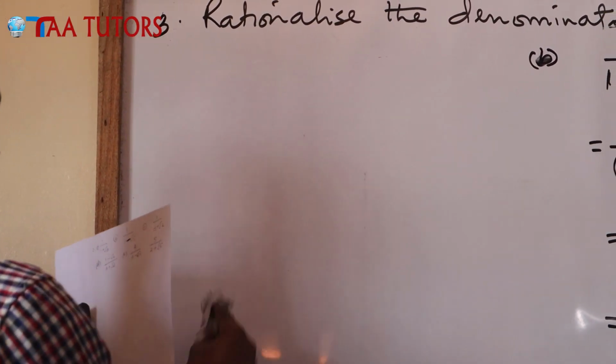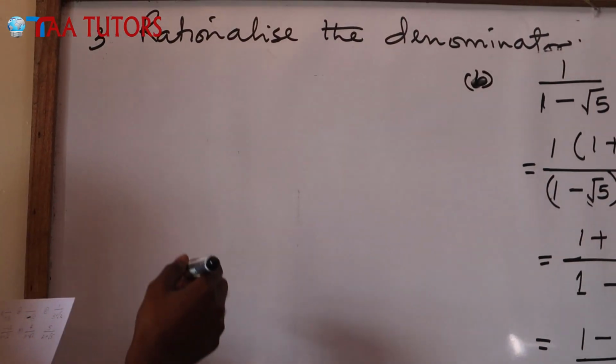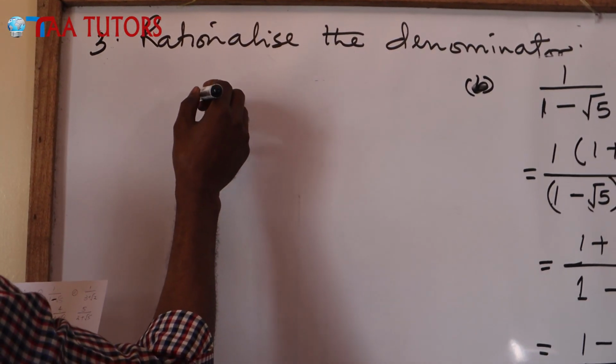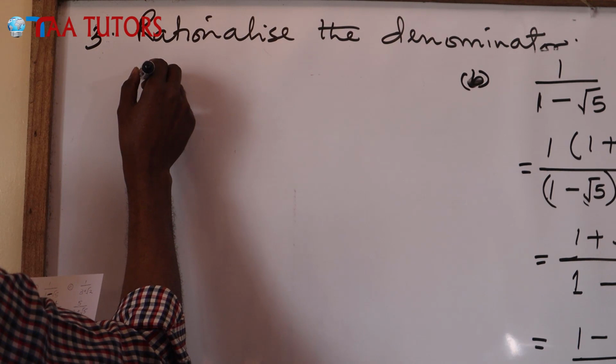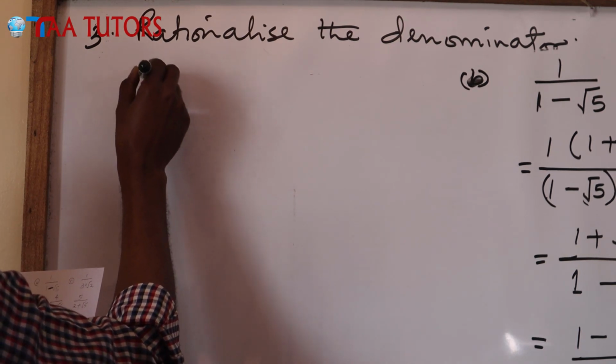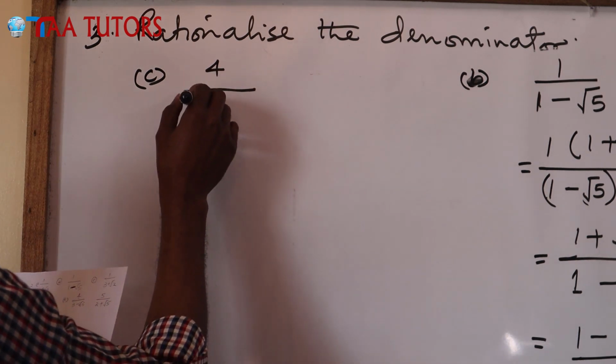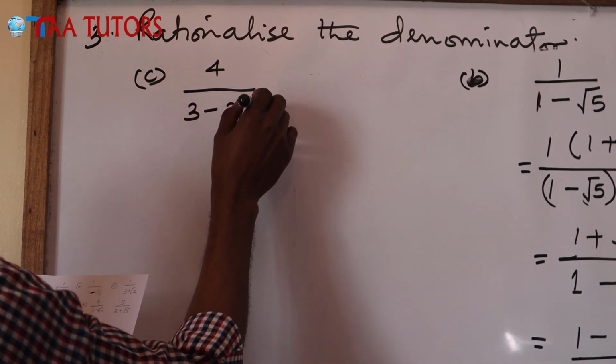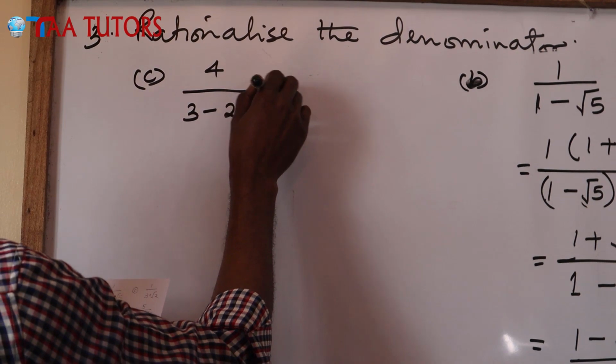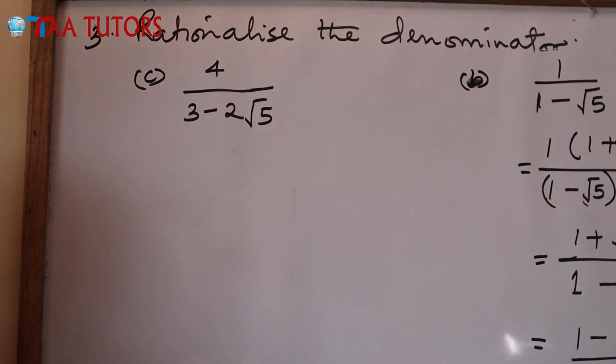Let's look at example c. And viewers, I hope you realize that this question is fairly easy. We had 1. Now let's go to something without 1. Let's talk about 4 divided by 3 minus 2 surd 5.